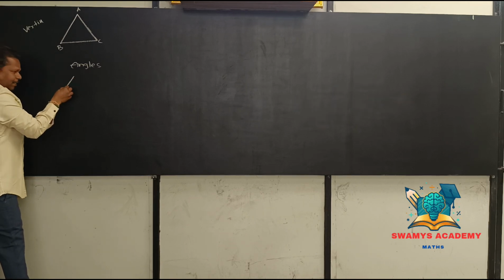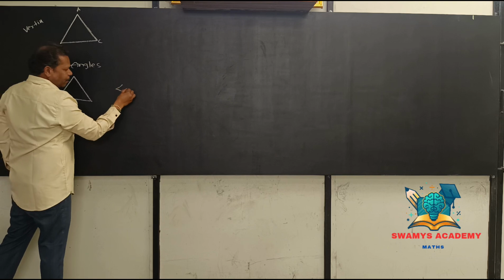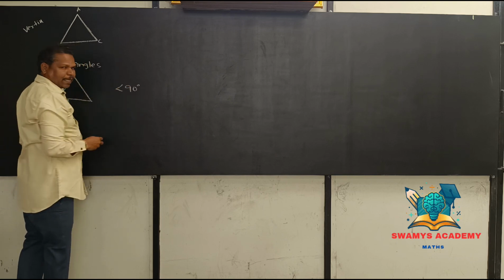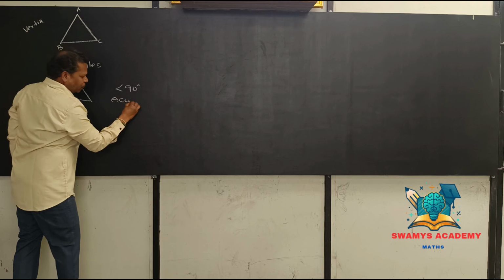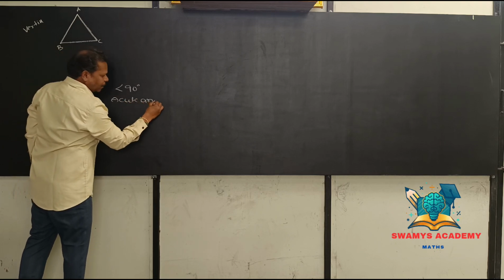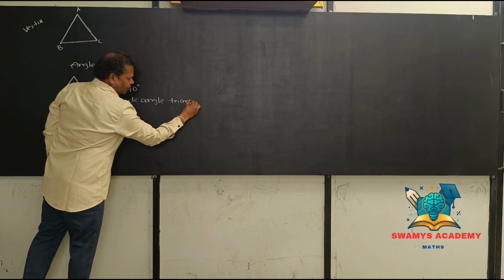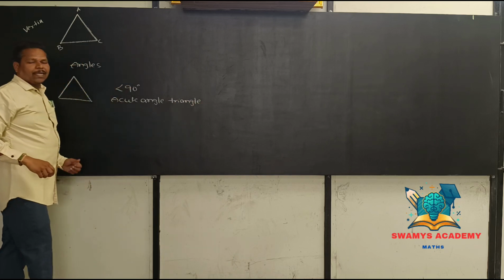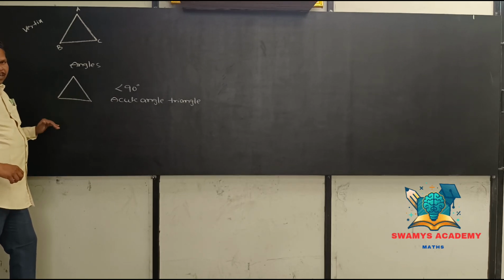With all angles below 90 degrees, this type of triangle is called an acute angle triangle. Below 90 degrees is called an acute angle triangle.